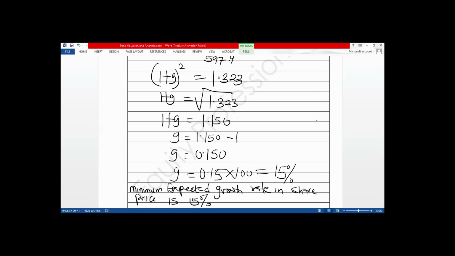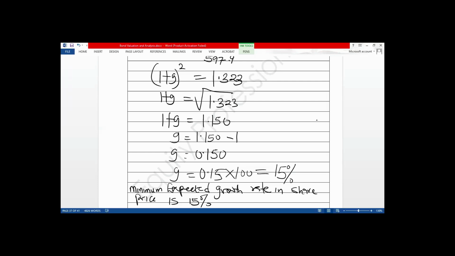What I see coming into play again now is, if I'm going to hold this convertible bond to maturity, what is the yield to maturity? What is the return I'm going to get until maturity?